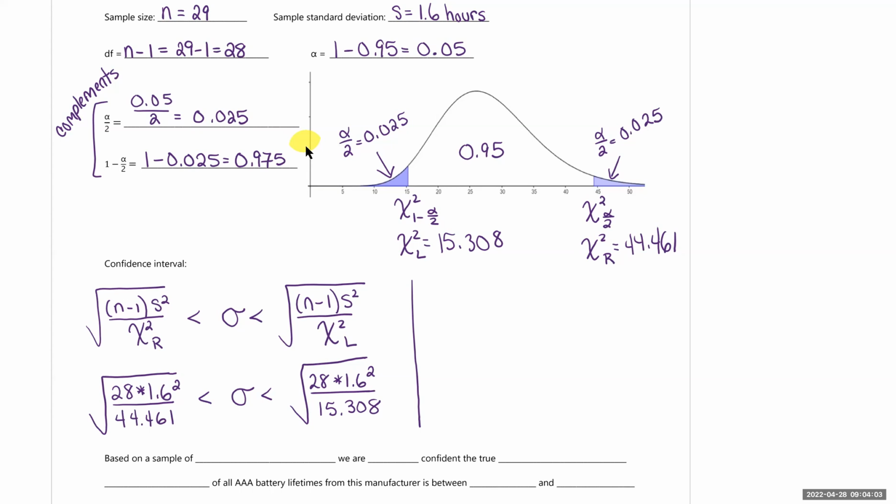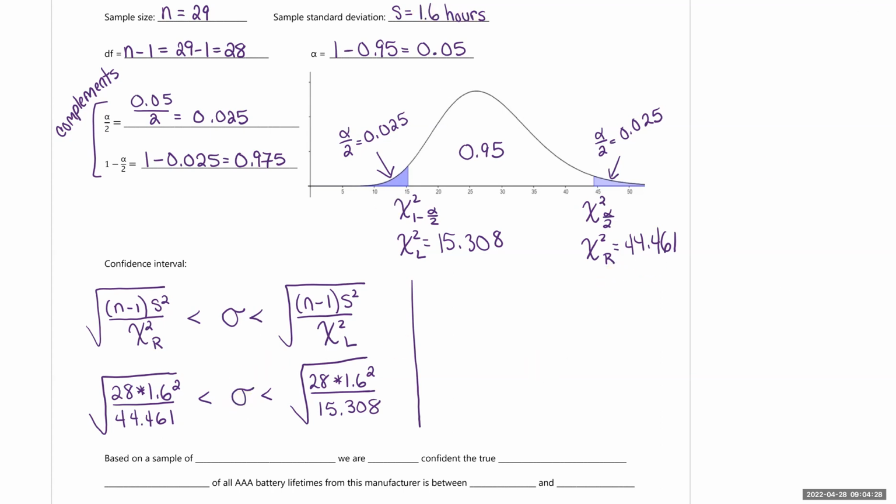So I can't draw a picture of the confidence interval for you, because the sigma that we're estimating based on this s value is not actually going to be in the center of the confidence interval. So we just write it in the form lower limit, upper limit as our estimate.